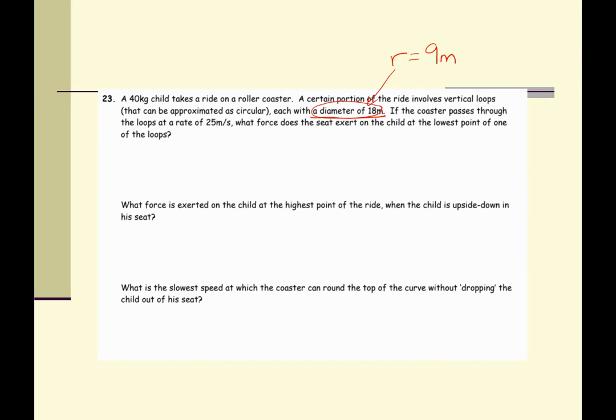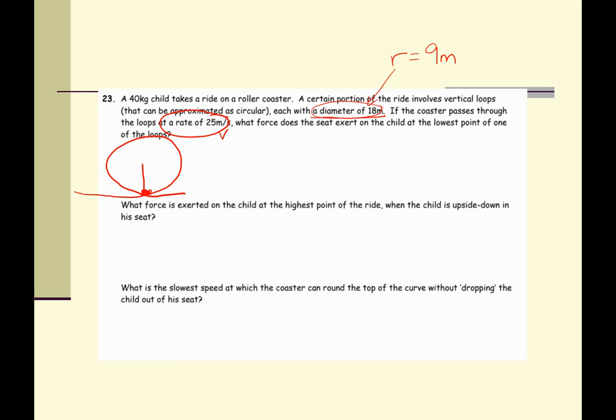If the coaster passes through the loops at a rate of 25 meters per second, so that's going to be our velocity, what force does the seat exert on the child at the lowest point of the loop? So we're looking at when you come around, the lowest point of the loop.